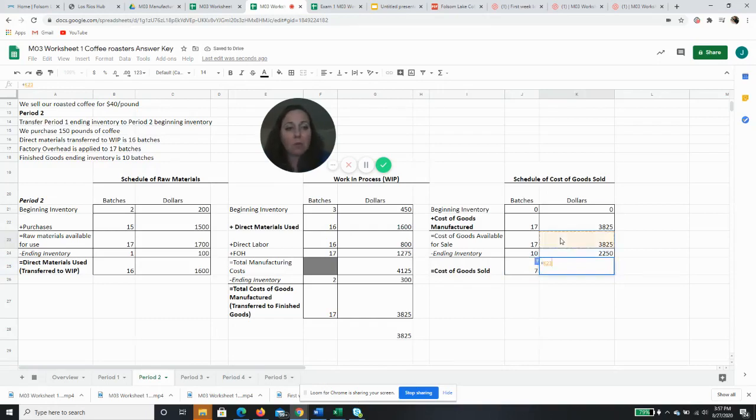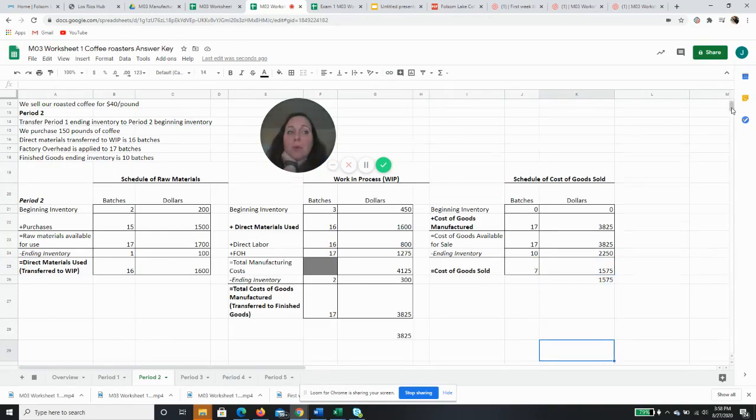And if my cost was $3,825 that I could have sold, and $2,250 is left, then the value of those 7 batches is $1,575. Let me check my work. 7 batches times 225, $1,575. I am in good shape.